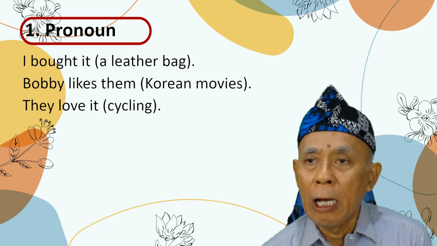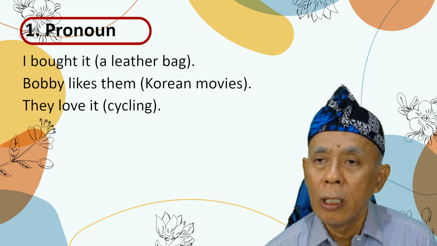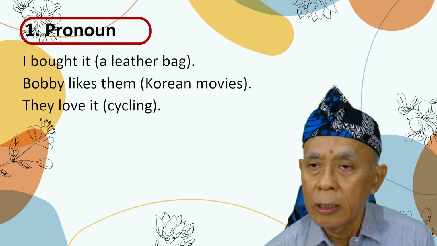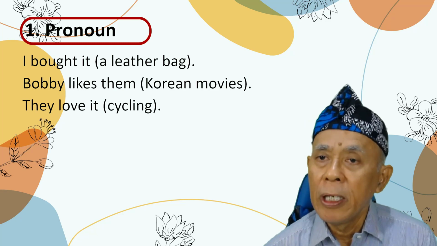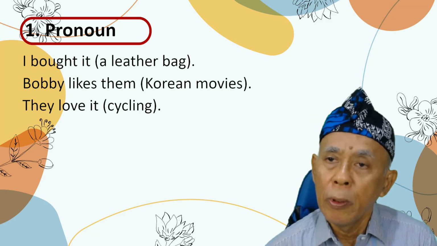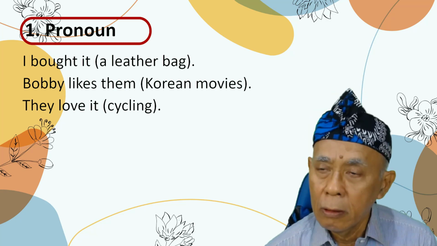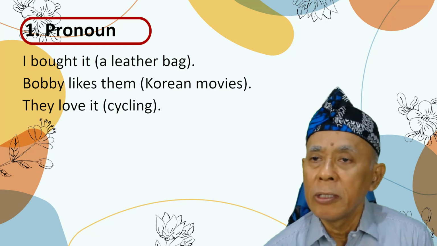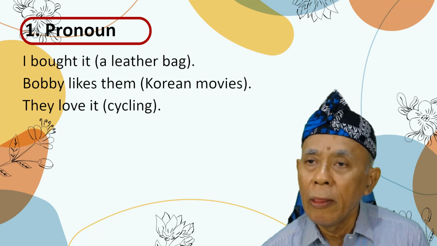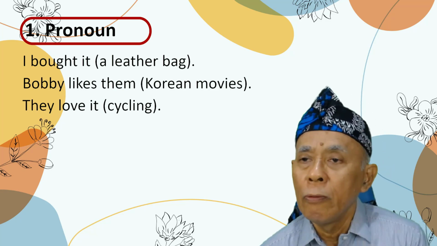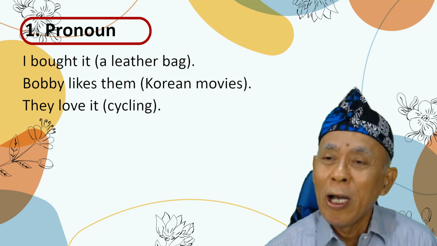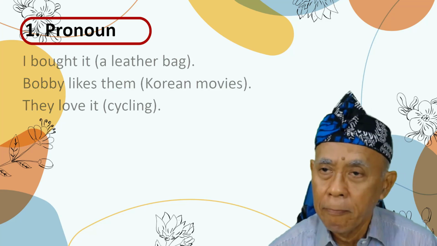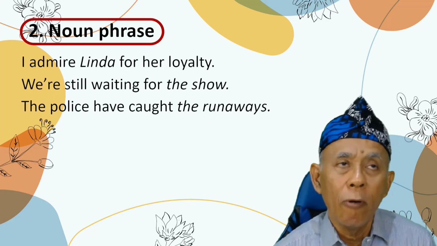Them here is a pronoun for plural objects, plural things, and it replaces Korean movies. They love it. In this example, it here can stand for cycling or any other singular noun. The pronoun it here replaces the noun cycling. It's a gerund.